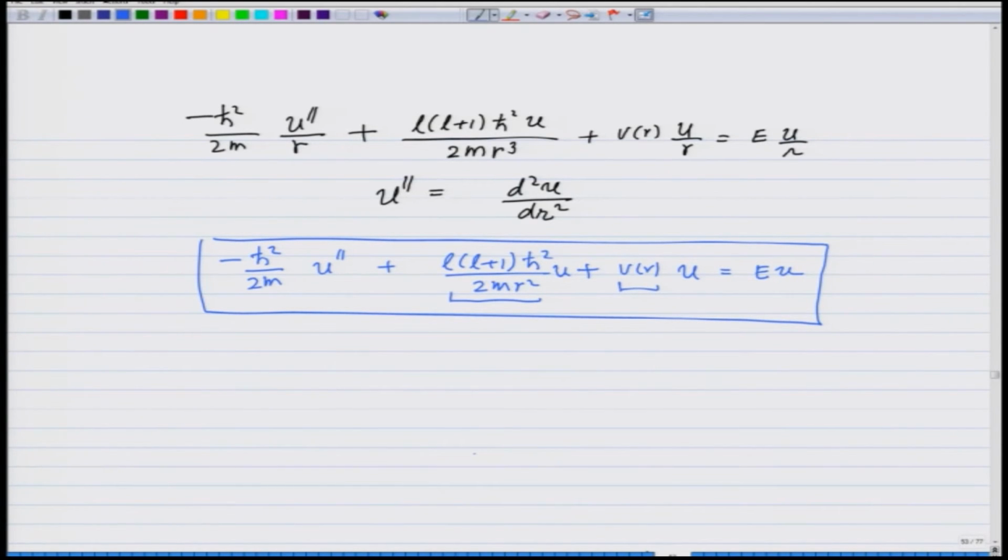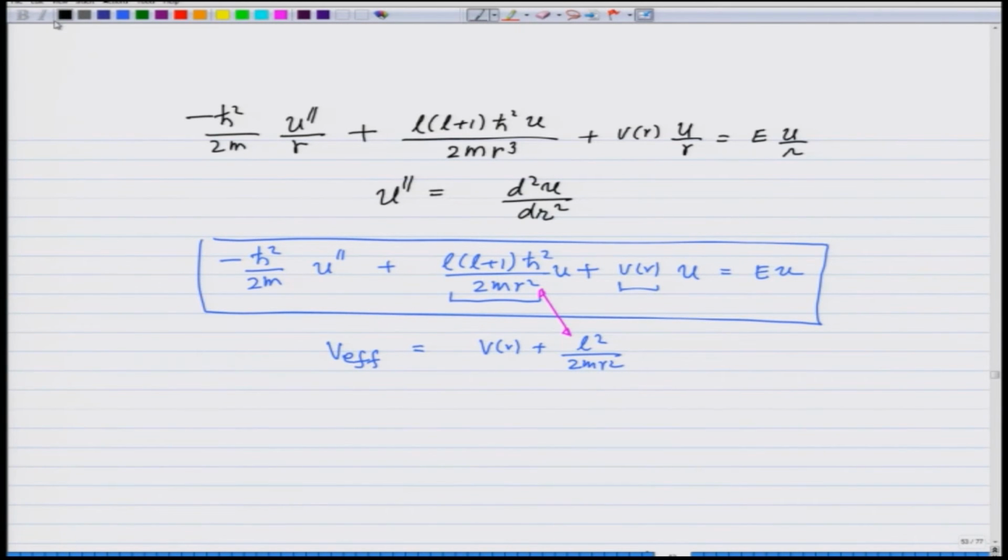Recall from classical mechanics that in motion in central forces, there was a V effective which was V(r) plus L squared over 2mr squared. So, this term here is very similar to that. You get a V effective which is L squared over 2mr squared, except in quantum mechanics I get L(L+1).